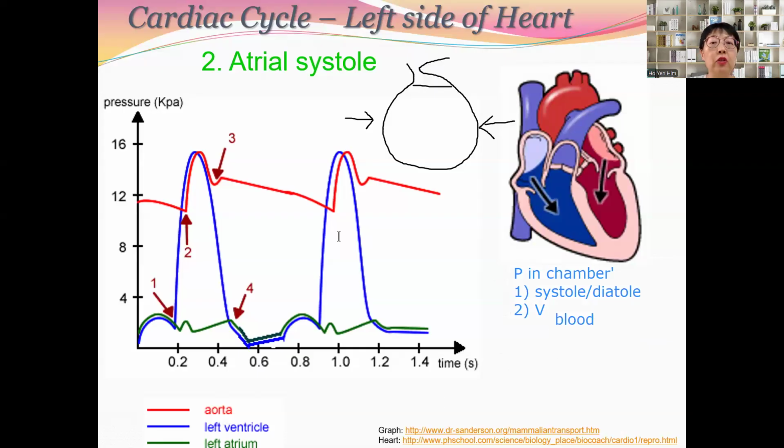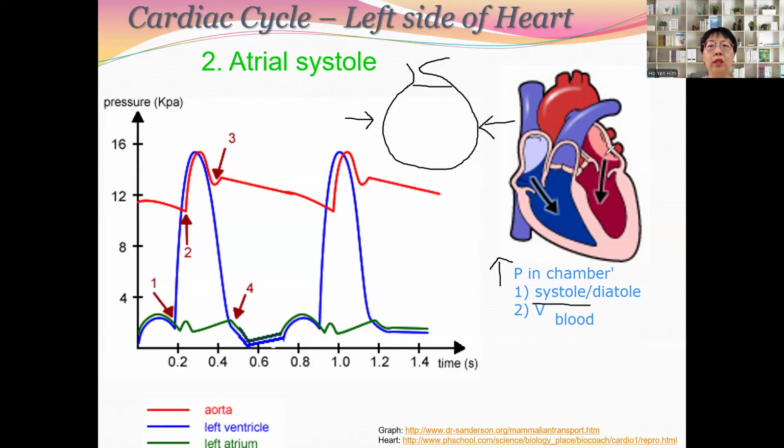The volume of blood in the chamber. So at the beginning you squeeze, and because of systole, the pressure increases.